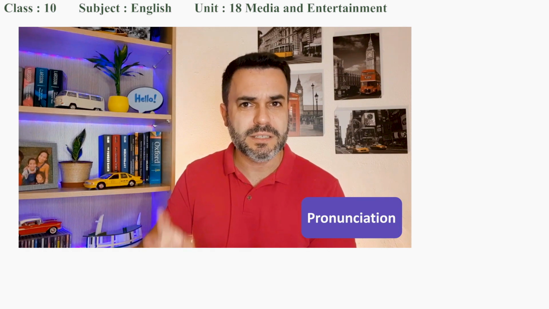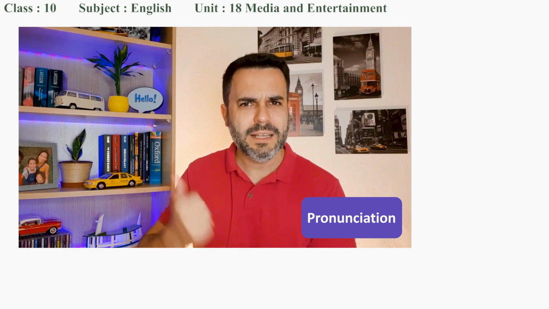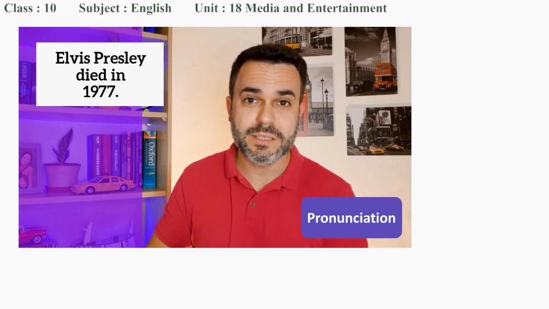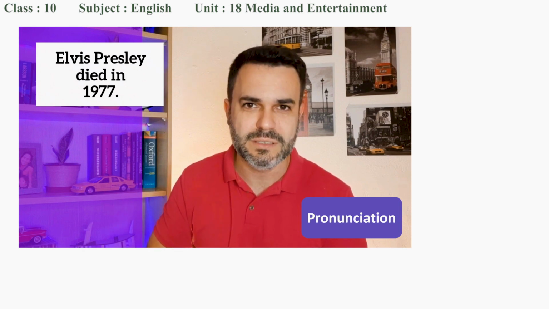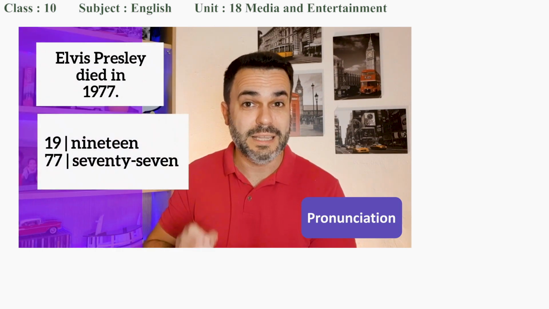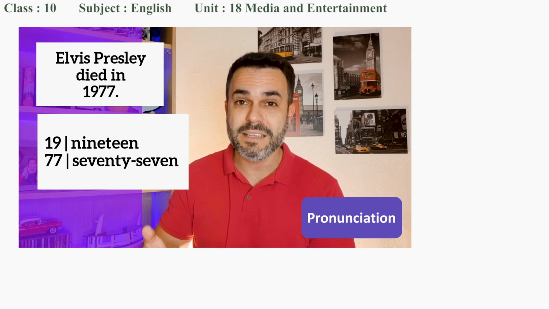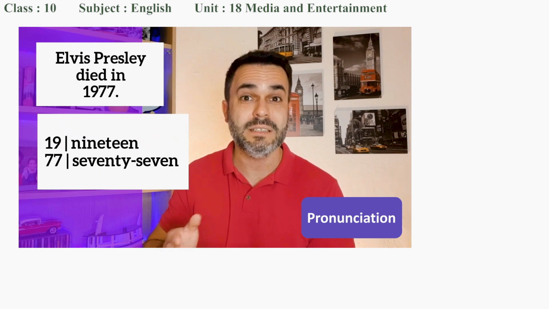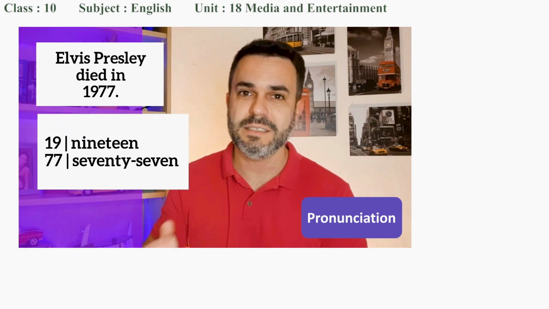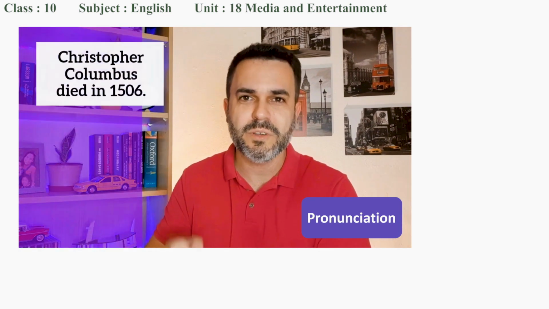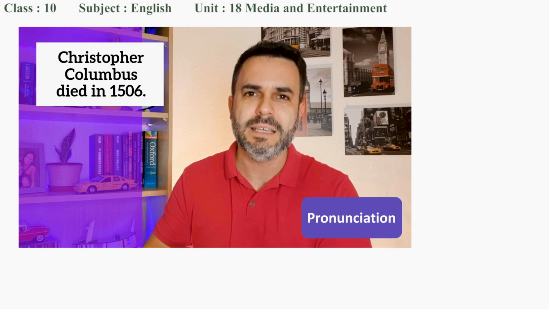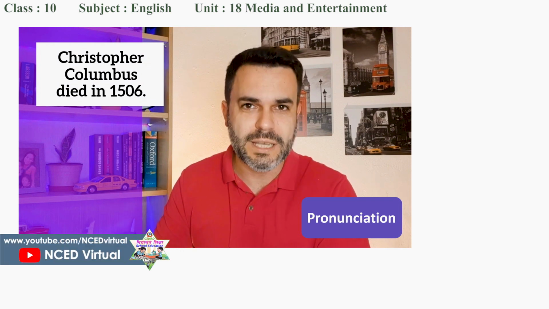Most years are said as two numbers. Like here, Elvis Presley died in 1977. Say the first two numbers, 19, then the last two numbers, 77. Step 2. Christopher Columbus died in 1506.